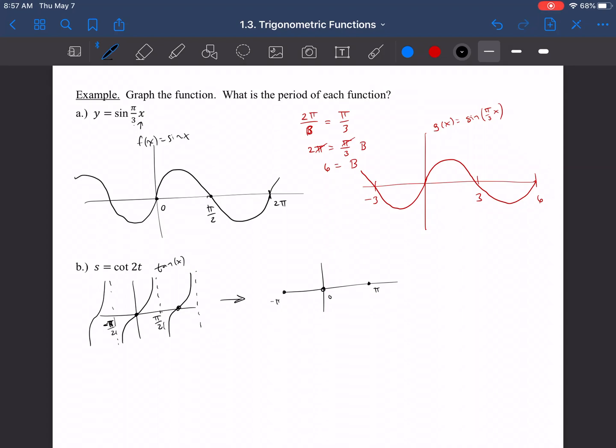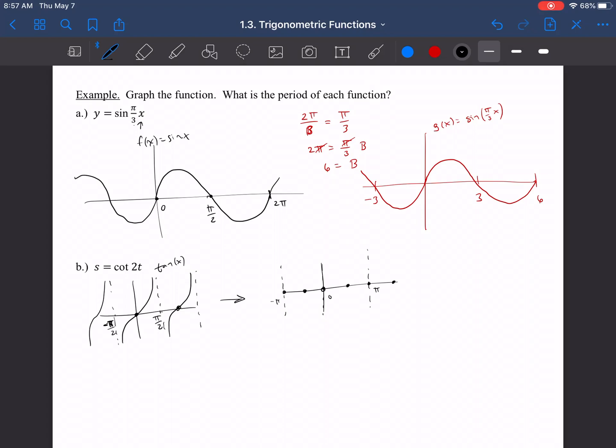Zeros become asymptotes. So this will be an asymptote, this will be an asymptote, this will be an asymptote. And asymptotes become zeros. So we have a 0 at negative pi over 2, so this will be a 0. A 0 at pi over 2, that'll be a 0. We'll have another 0 over here. And so those become our zeros.